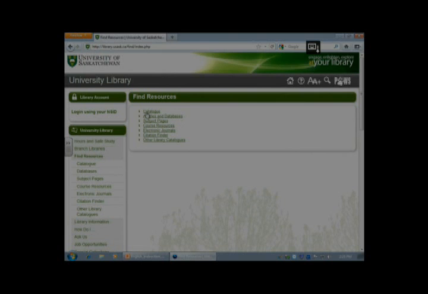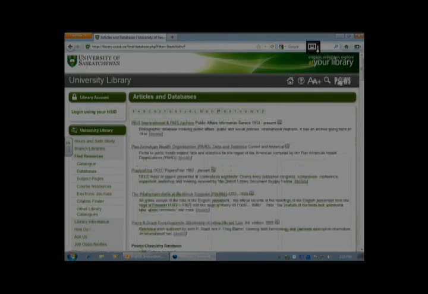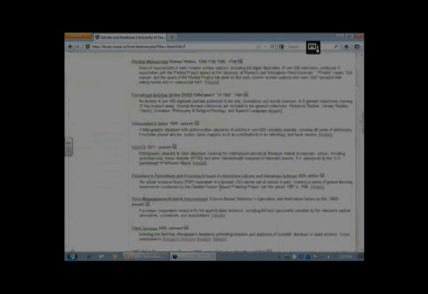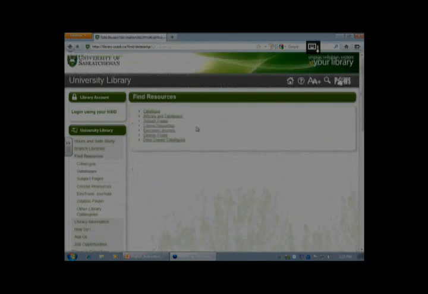We've got our catalog that we just looked at, the articles and databases. Again, it goes to the subject pages. It does have an alphabetical breakdown, but who wants to scroll through all of the P's to find a database, or maybe not find it if you have the title wrong or something like that. What I would prefer, and what I think is probably the best way to do it, is to go to the subject pages.